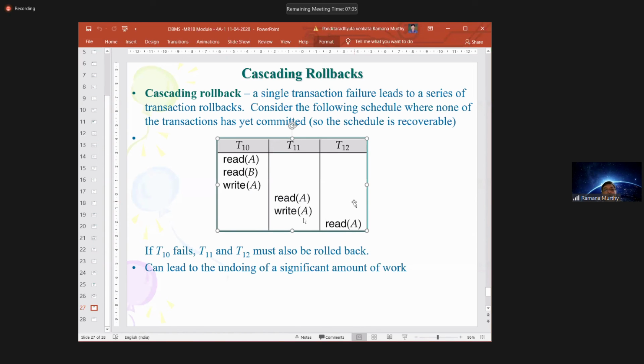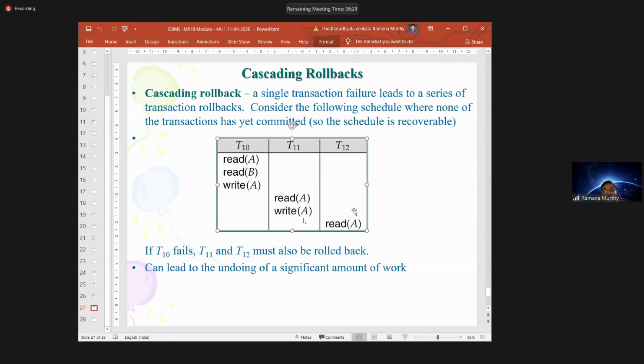What happens in this particular case? If T10 fails, it has to restore the previous values. That is called rollback. As T10 is cancelled, its operations go back to the initial stage. Because T11 is reading from T10, T11 also needs to be cancelled and rolled back to the previous values.